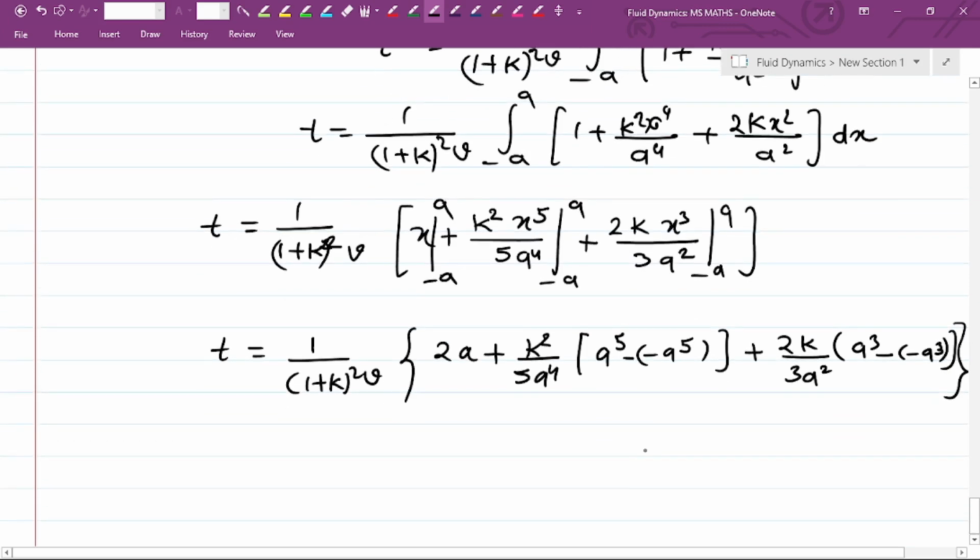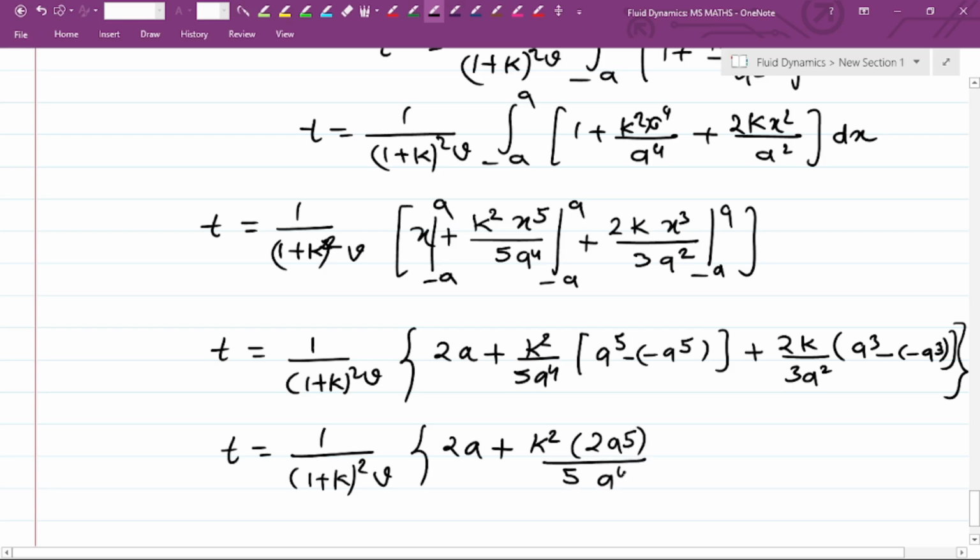So this will be k square into 2a power 5 upon 5a power 4 plus 2k upon 3a square into 2a power 3.